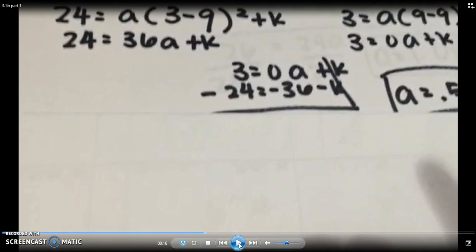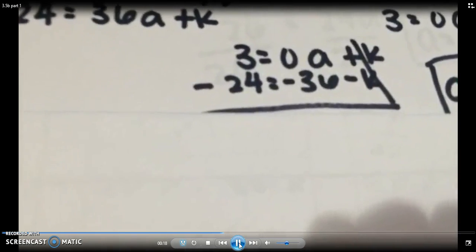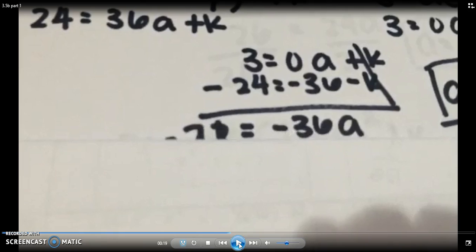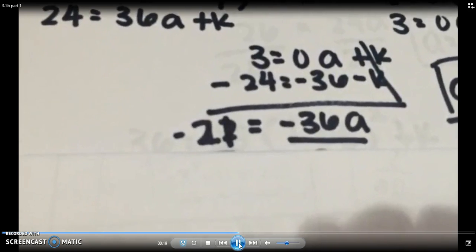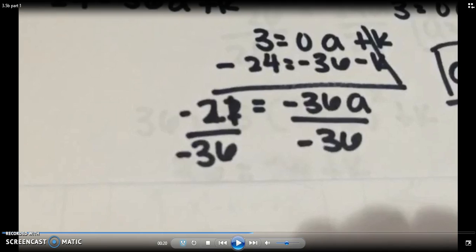You can also do 24 equals 36a plus k, minus 3 equals minus 0a minus k. And so my k's cancel each other out, and I am left with negative 21 equals negative 36a.